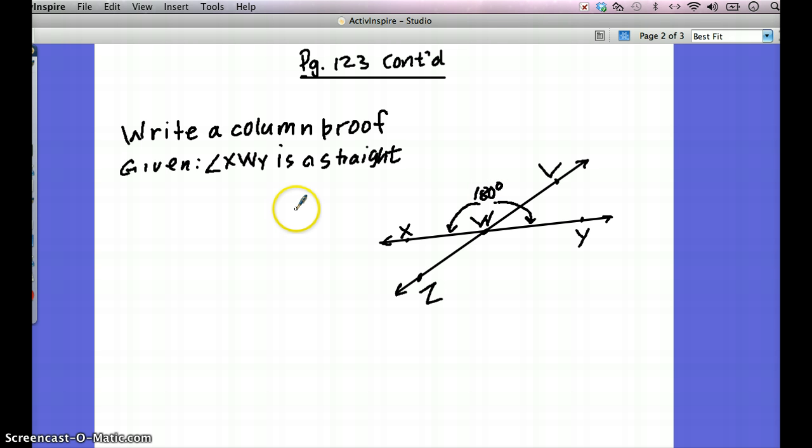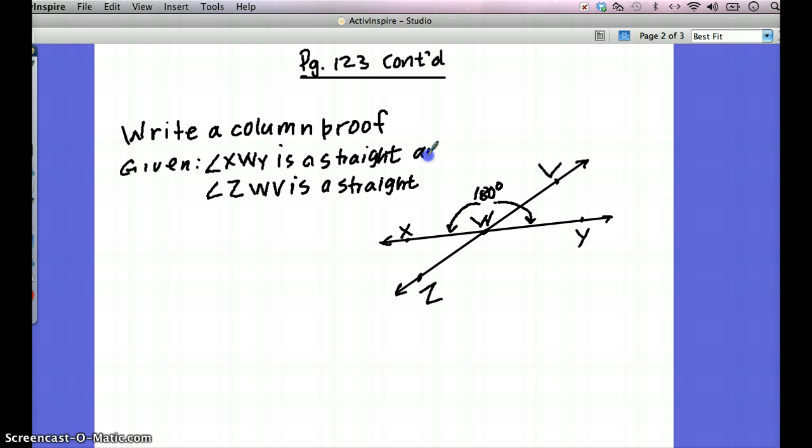Are we given anything else? Yes, we're given that angle ZWV. So we're given two things here. ZWV is also a straight angle.